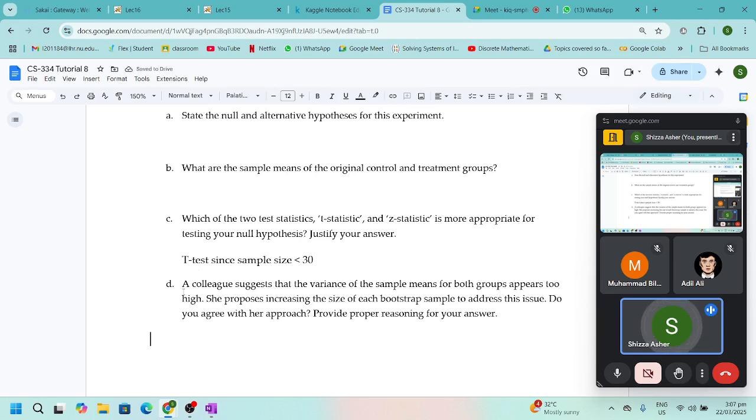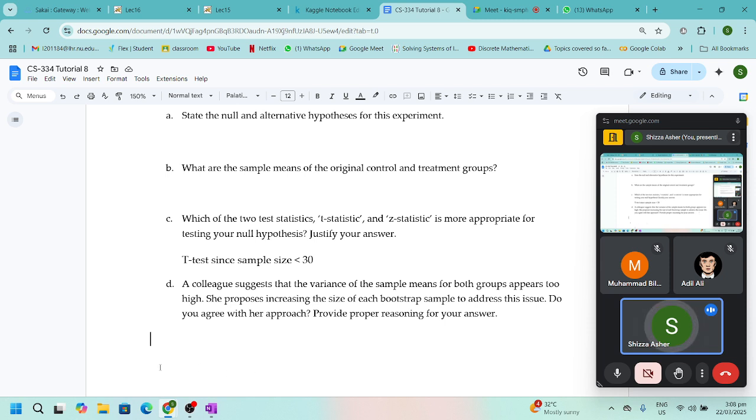A colleague suggests that the variance of the sample means for both groups appears too high. She proposes increasing the size of each bootstrap sample to address this issue. Do you agree with her approach? Provide reasoning for your answers.